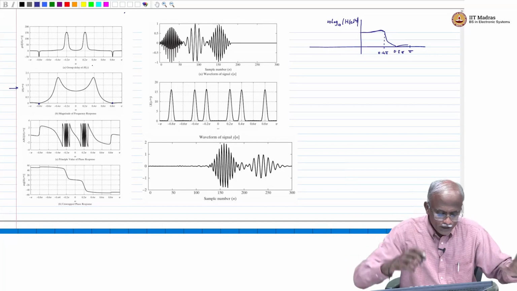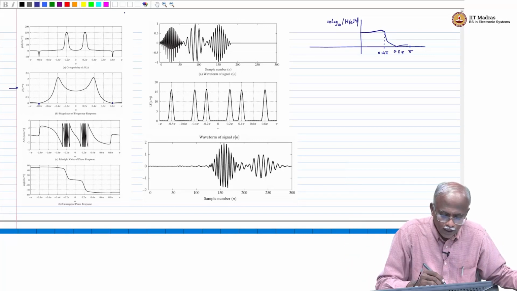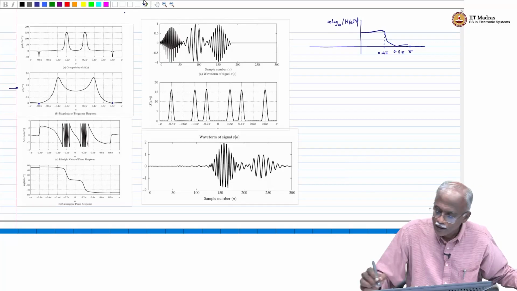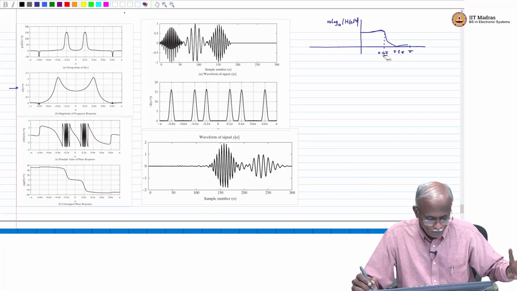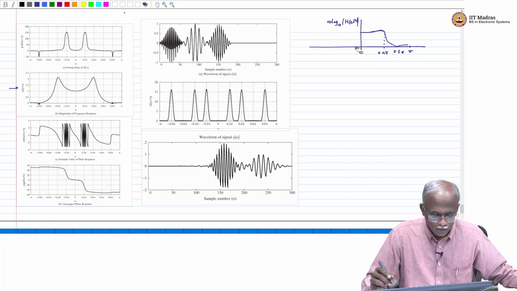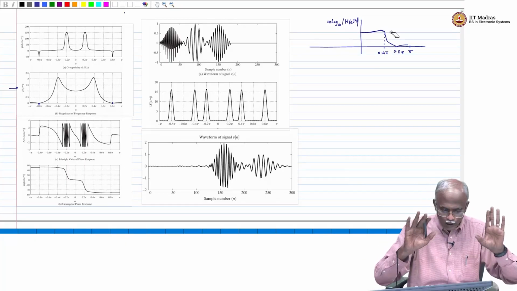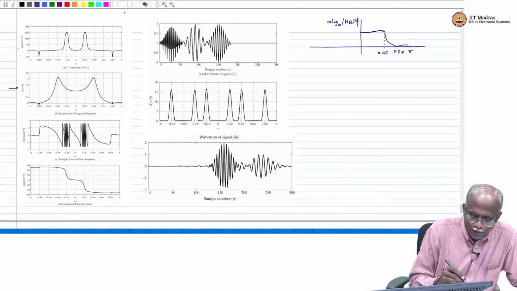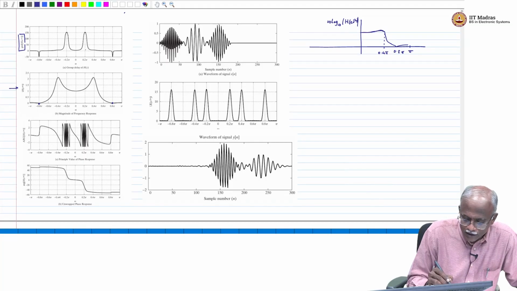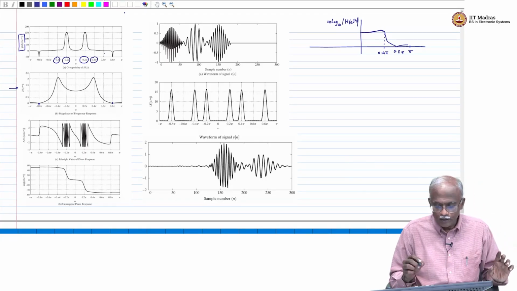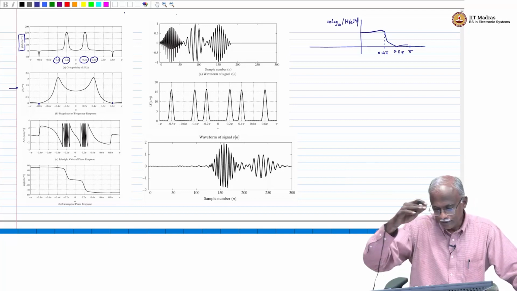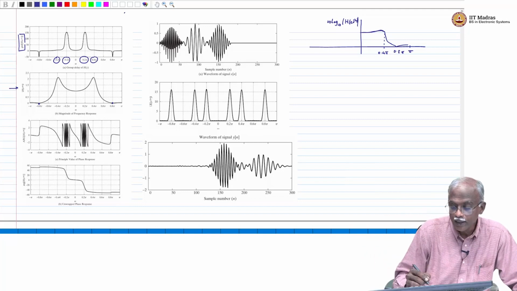The rapid change of magnitude is happening around 0.2 pi, 0.4 pi. So basically, it is a low pass filter, and if you compute the group delay, this is the group delay that is given to us. It's showing that there is a large group delay around 0.2 pi and a smaller group delay around 0.4 pi.